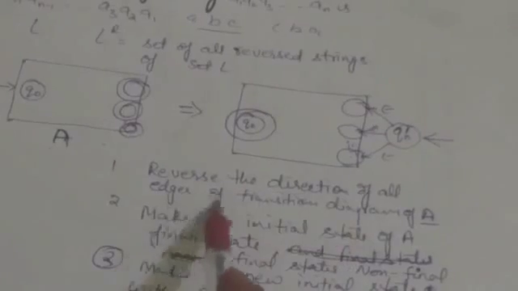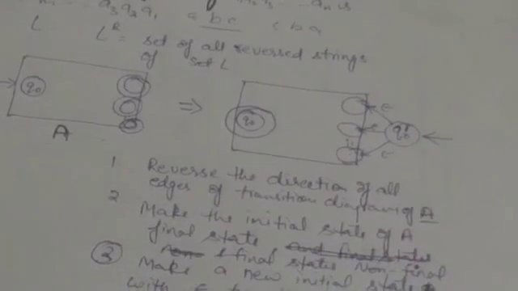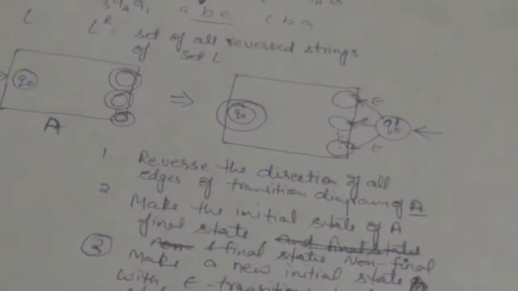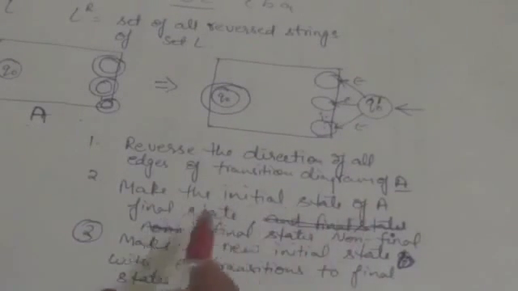First, reverse the direction of all edges of the transition diagram of finite automata A. Second, make the initial state of A a final state.